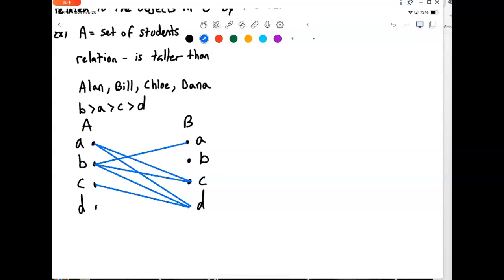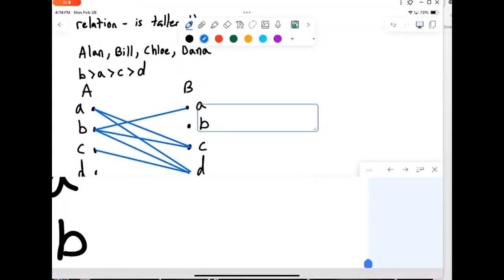Now with this set, we go a little bit further and define some more things.